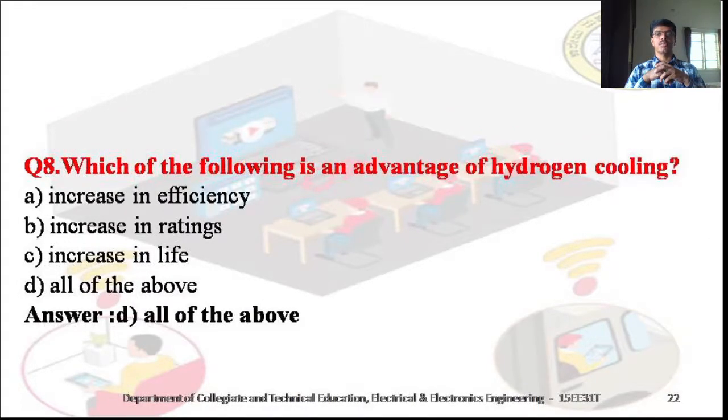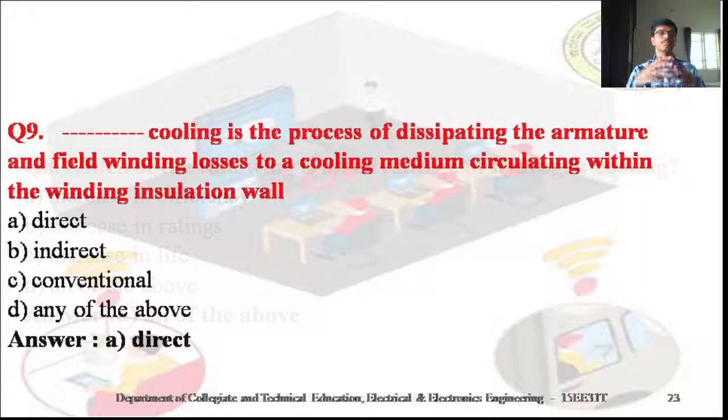Which of the following is an advantage of hydrogen cooling? This hydrogen cooling will increase the efficiency and increase the rating. Also it will increase the life of the machine. So the answer will be all of the above. Direct cooling is the process of dissipating the armature and field winding losses to a cooling medium circulating within the winding insulation wall.